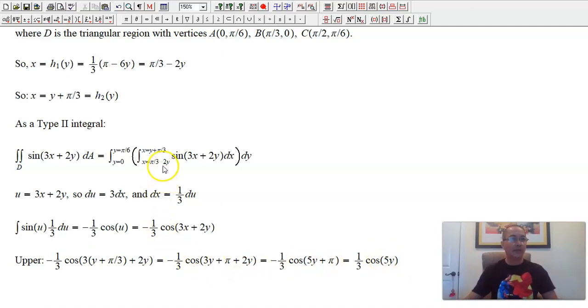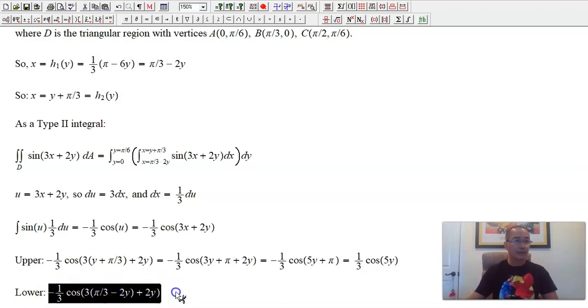Okay, ready for the lower. On the lower, we have pi over 2 minus 3y. So we have this, and plug in pi over 3 minus 2y over here for x. Okay, interesting.